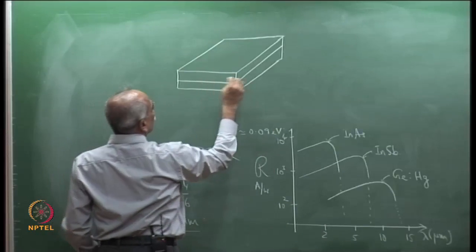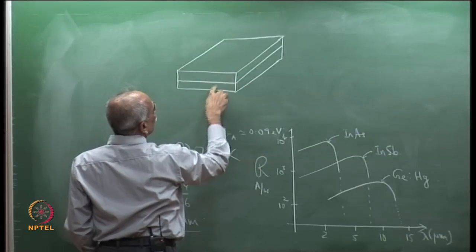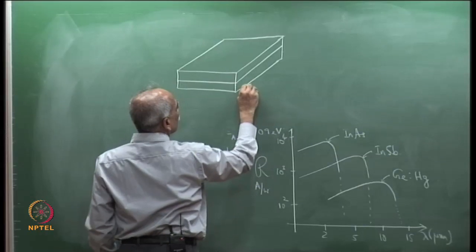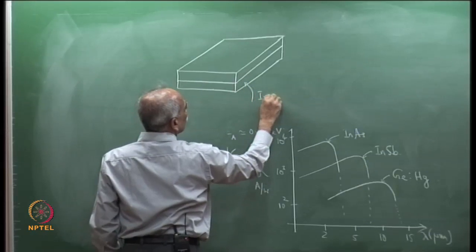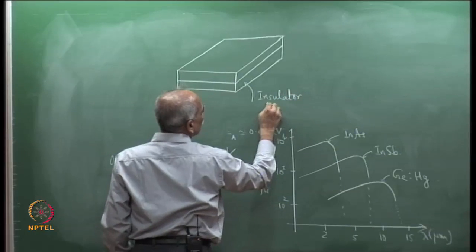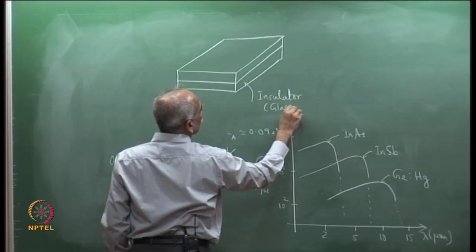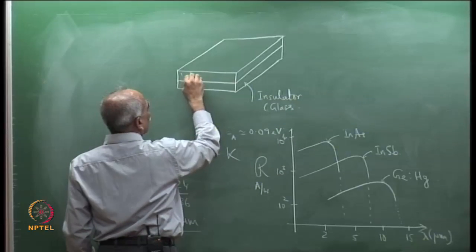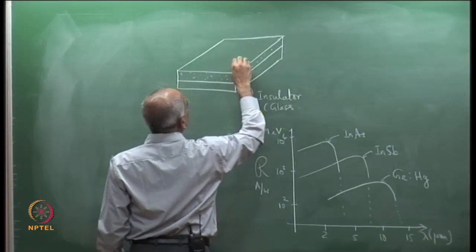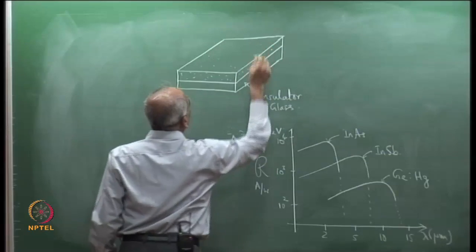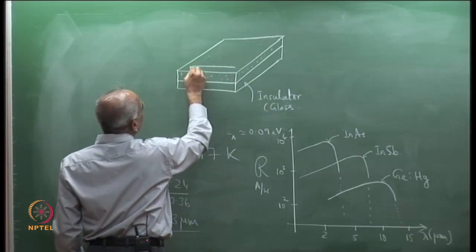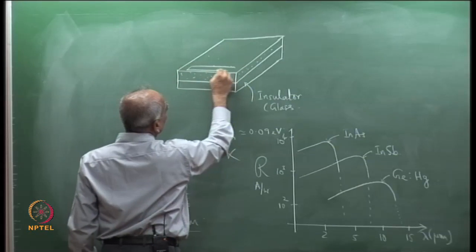This is the photoconductor, a film of photoconductor grown on an insulator, usually glass, transparent glass, and this is the photoconductor. This layer is the semiconductor, and on this they make IDEs, that is interdigitated electrodes. Let me show you.